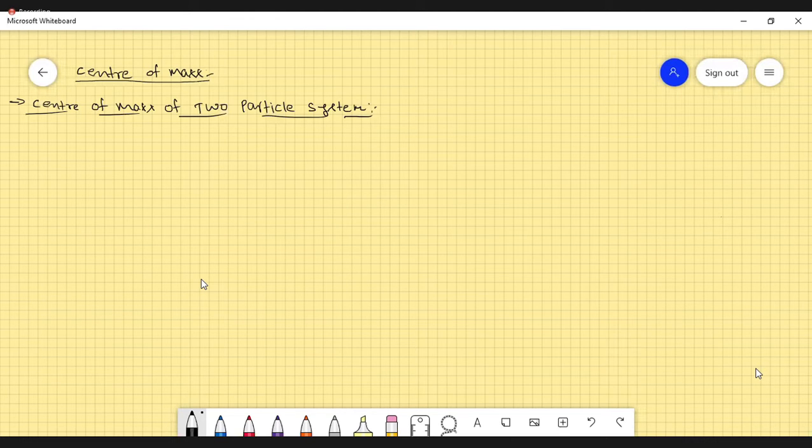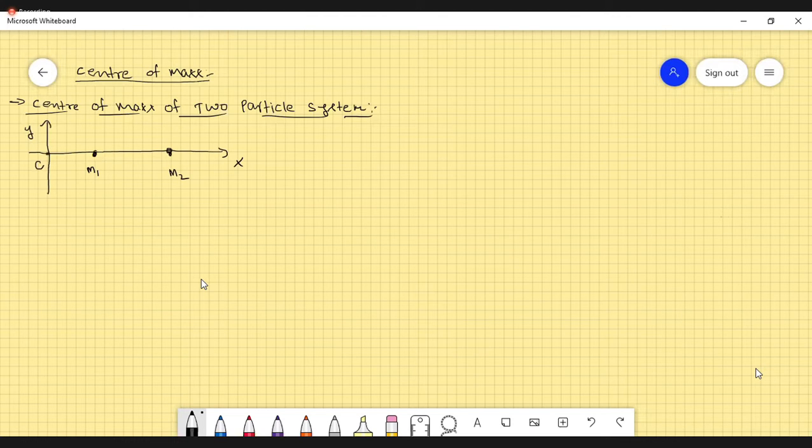This is one particle, its mass is m1, and this is the other particle, its mass is m2. So this is the x-axis, and this is the y-axis, and this is the origin.